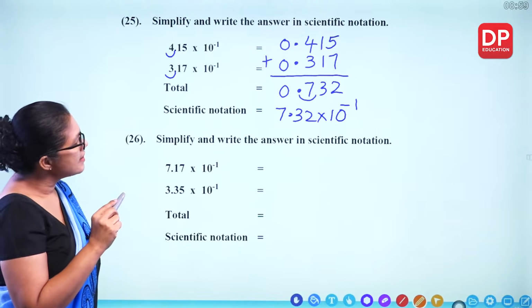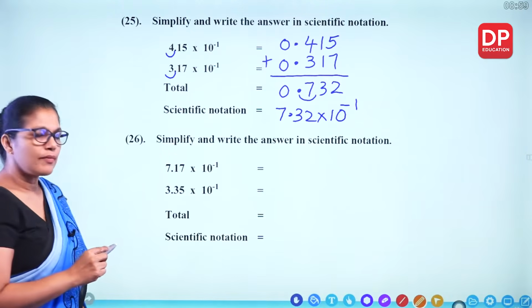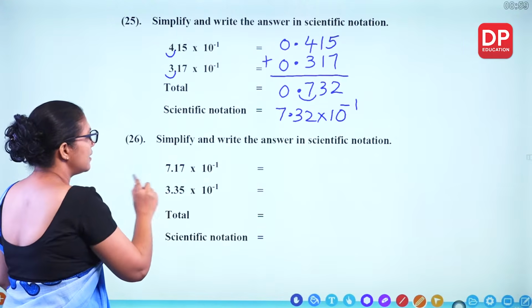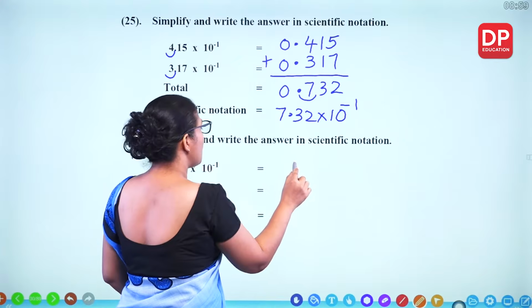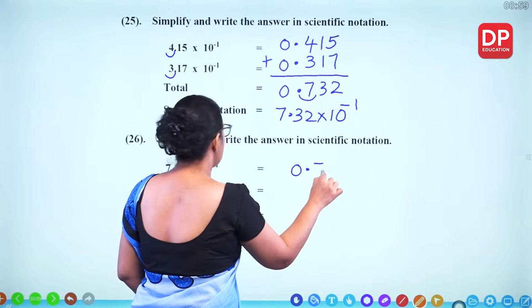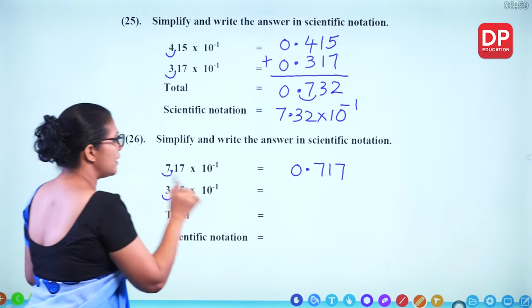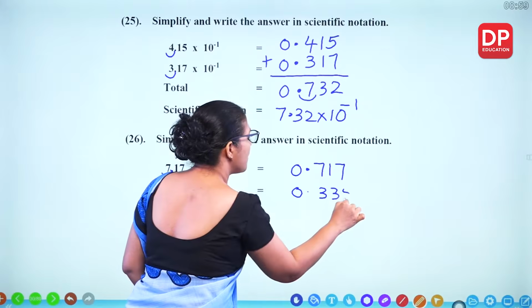Simplify and write the answer in scientific notation. Again, total means adding the two numbers. Take this one, minus 1 means move the decimal point 1 place to the left: 0.717. This one also, move 1 place to the left: 0.335.